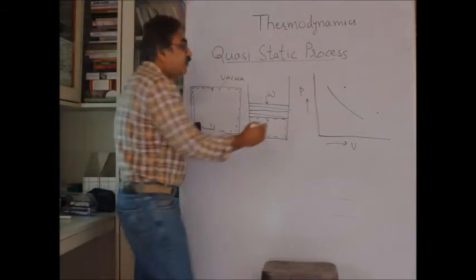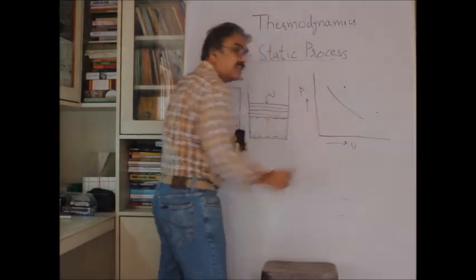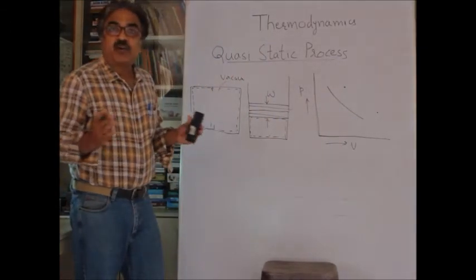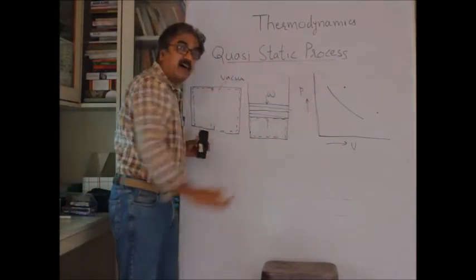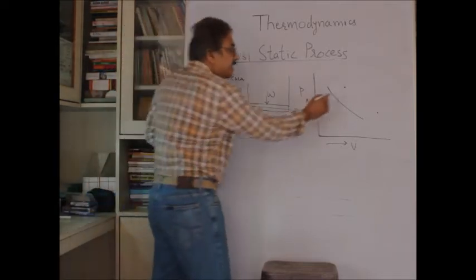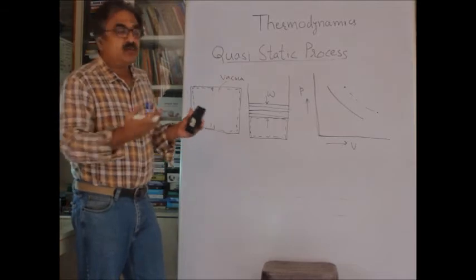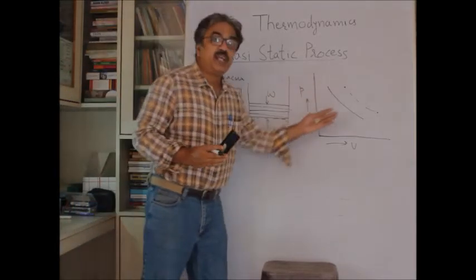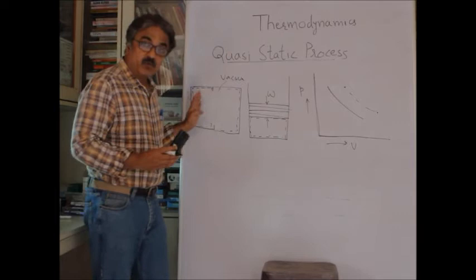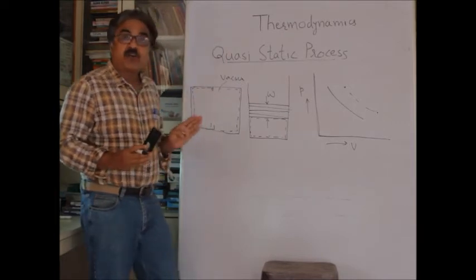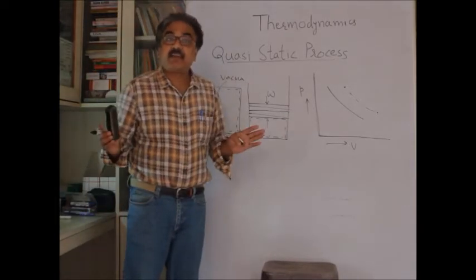That doesn't happen. So what you would have is a first equilibrium state and a second equilibrium state, and you are not able to trace the process here. You can approximately say that this is the dotted line, but that's an approximation. That doesn't truly represent the process, because this process is not passing through infinite equilibrium states.